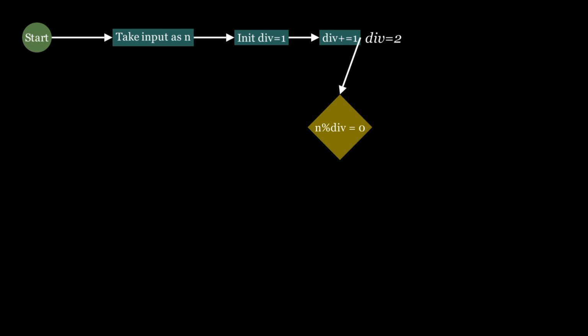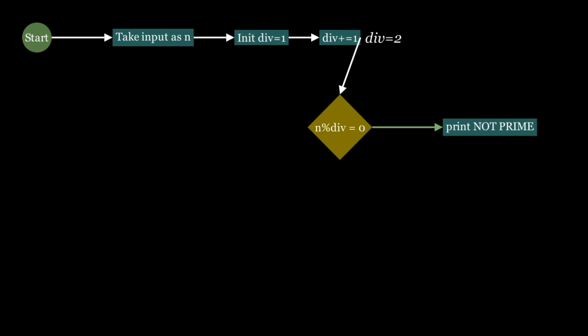If the condition is true, means we got remainder 0, so it must not be a prime number. So in case of true, we print not prime. If the condition is false, means n does not give remainder 0 with div, then we need to check for the next divisor. So we jump back to div plus equals 1.